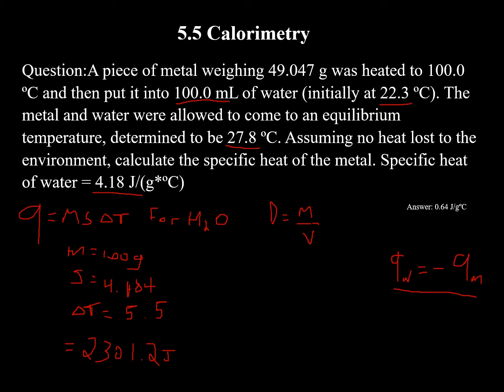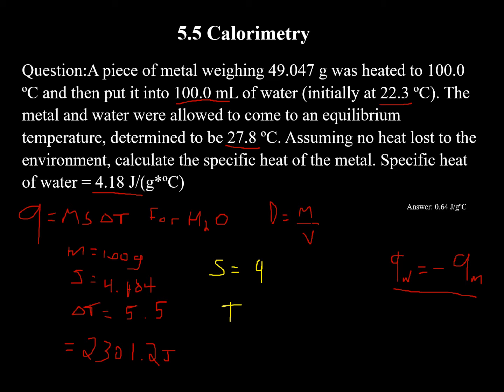S for the metal. So for the metal, we don't know the S. We know Q, which is negative 2301. We know the change in temperature. Let's write this down.